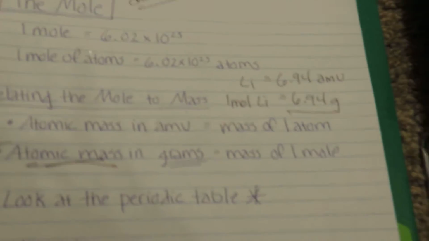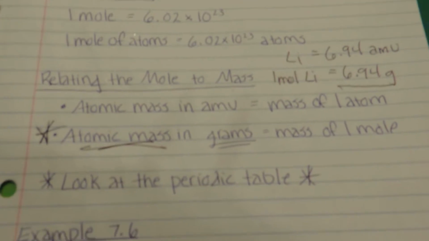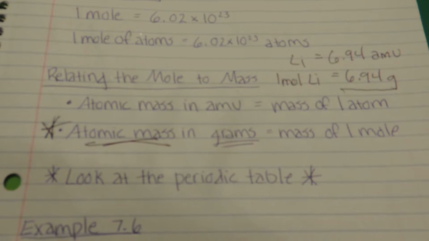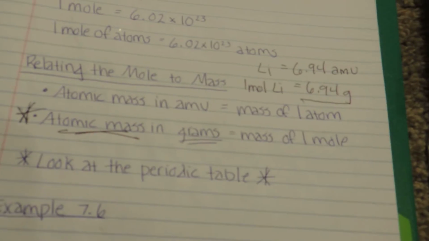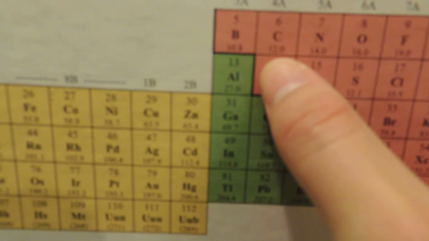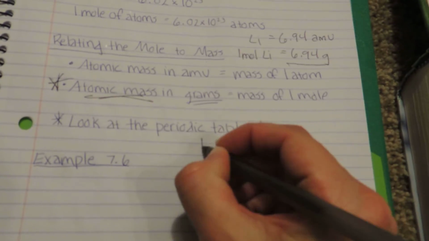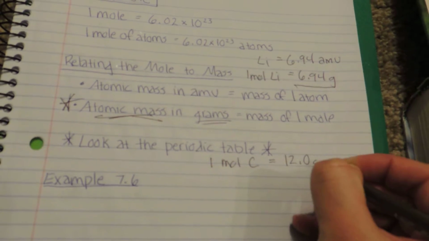So let's take a look at the periodic table. I would highly encourage you to get yours out at this point. You're going to need it for solving the problems we're about to do together. Go find carbon. It says 12.0. So that means 1 mole of carbon is 12.0 grams.